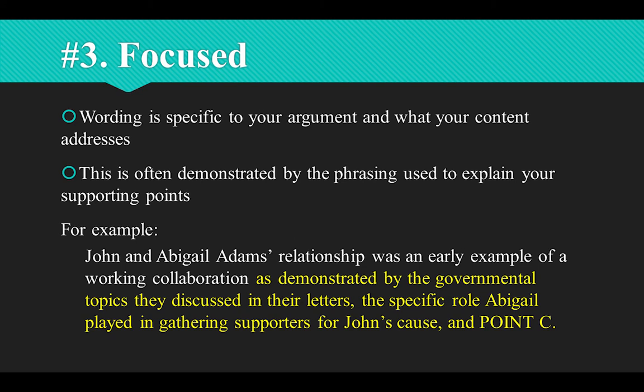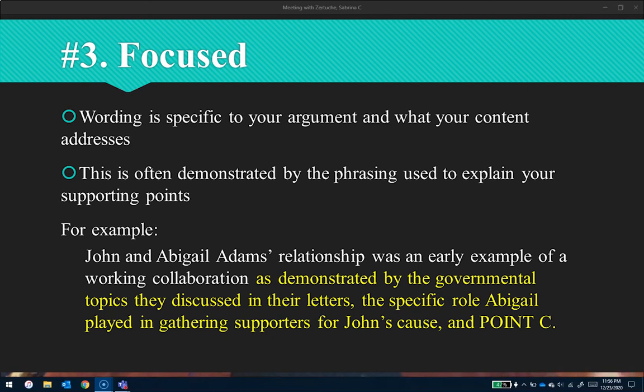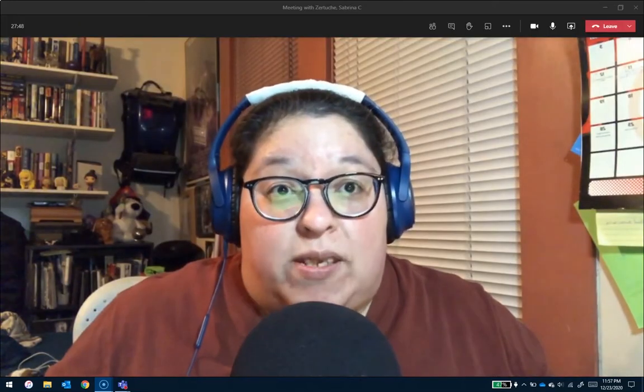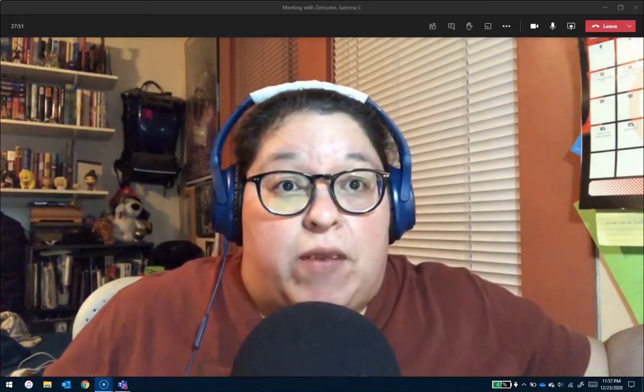John and Abigail Adams' relationship was an early example of a working collaboration, as demonstrated by the governmental topics they discussed in their letters, the specific role Abigail played in gathering supporters for John's cause, and whatever point C is. If you break that example down, you'll see that how I wrote these supporting details that will be helping my claim are specific to what my body paragraphs will reflect.